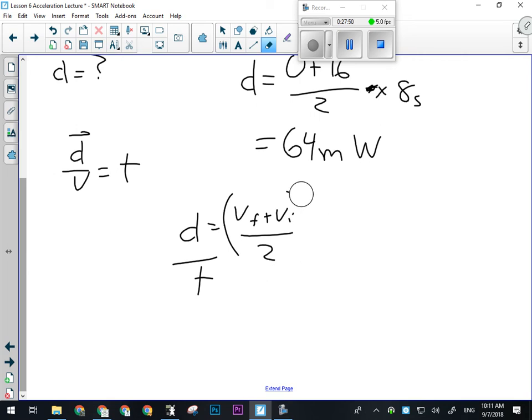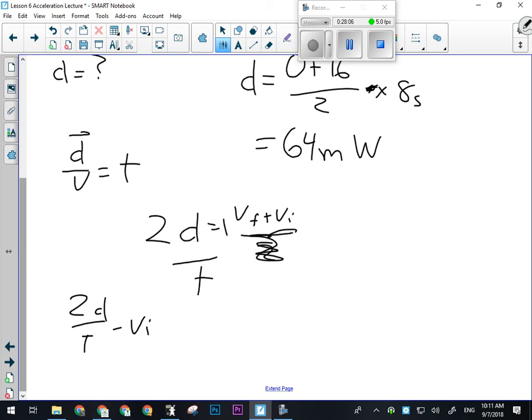Nope. Okay. I want VF. What do I do with the 2? Multiply it. What do I do with VI? Subtract it. 2 times d over t minus VI. All right, guys, so this is average velocity minus initial velocity equals, okay, we got her. We're all good. Okay. All right.